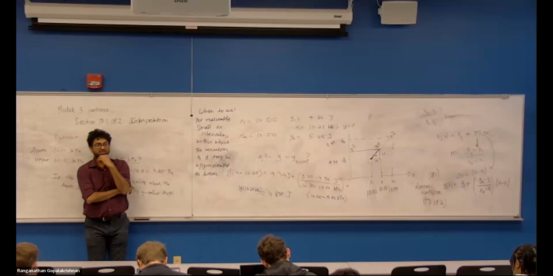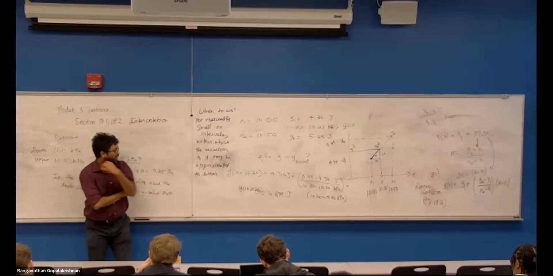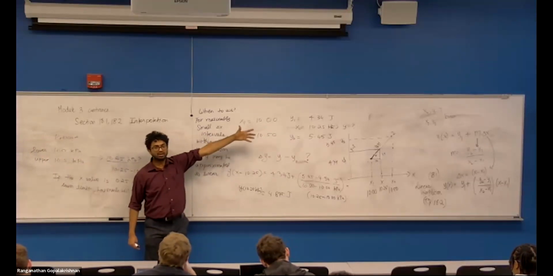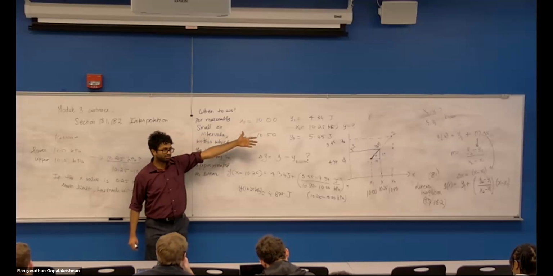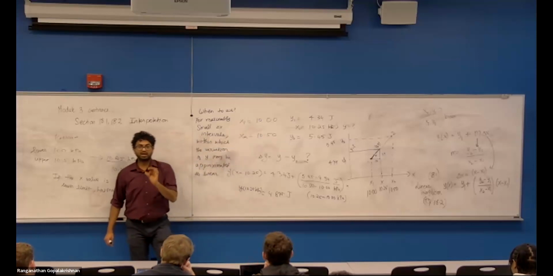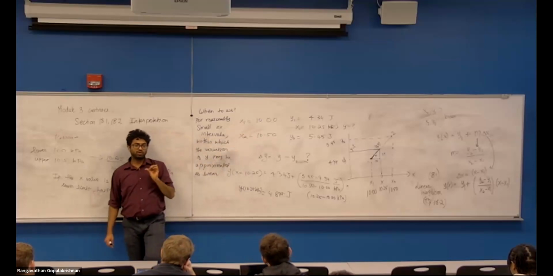There are two possible scenarios where that might not be true. One possible scenario is if your interval is too wide, then a linear fit might not be a good approximation. The other is there are some functions which are varying so fast that you can't call them linear even in a very small interval.